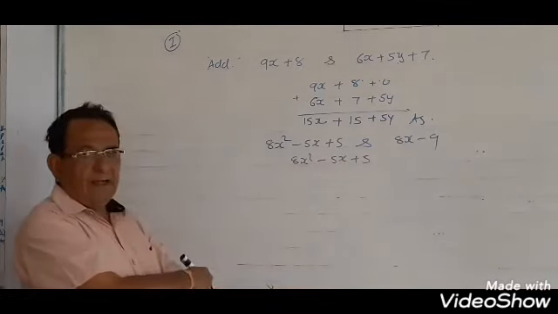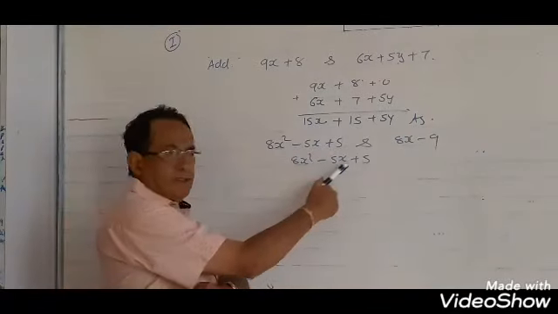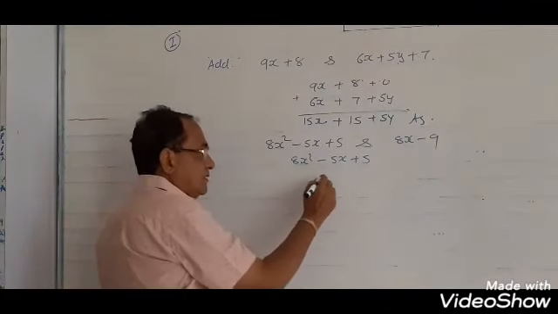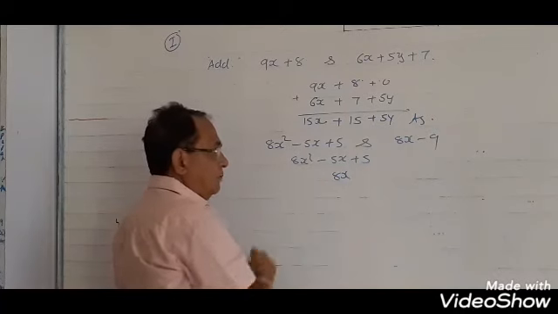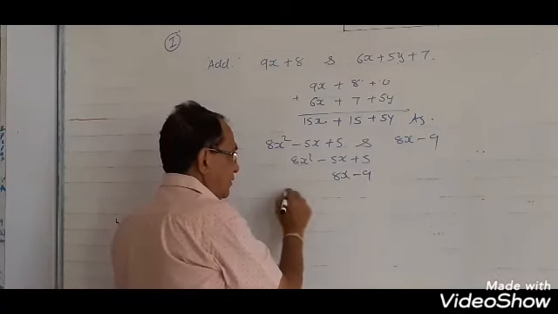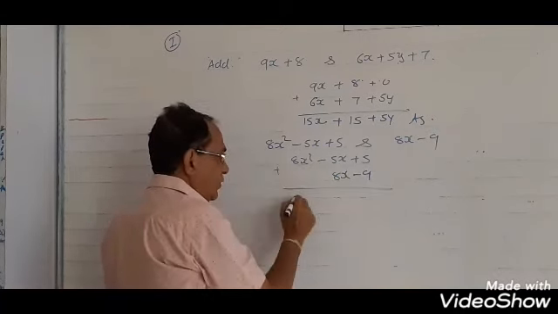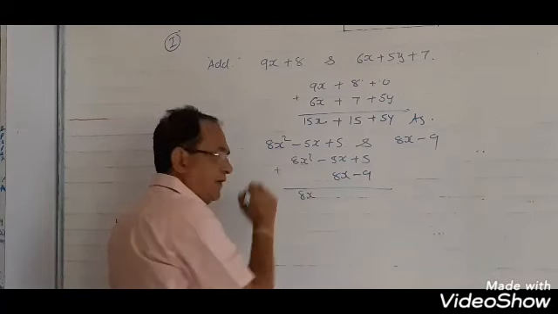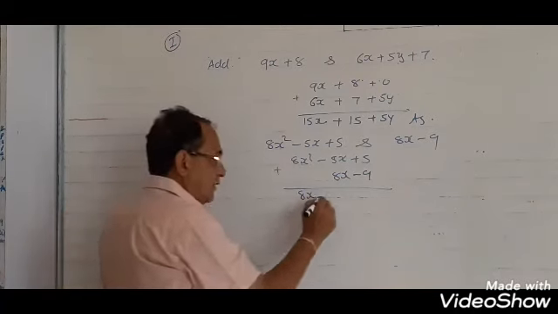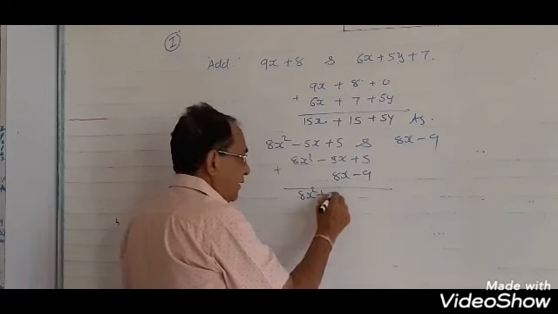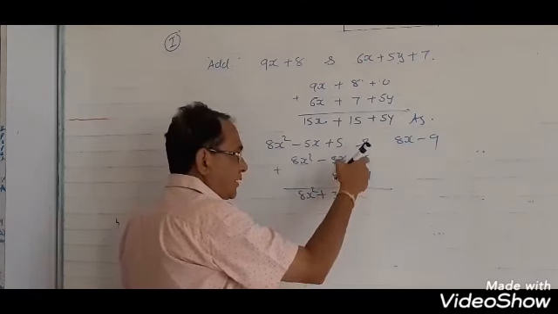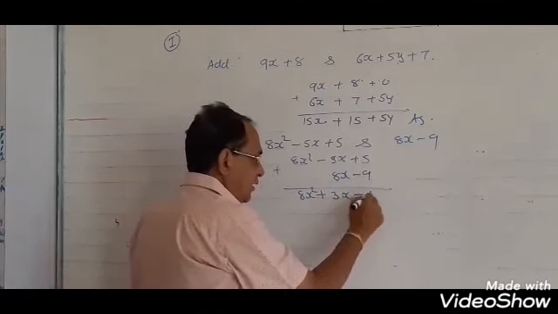Now 8x, where do I have to write it? Here or here? Below this one. 8x minus 9 here. Add it. 8x square, minus 5 plus 8 is equal to plus 3x, plus 5 minus 9 is minus 4.